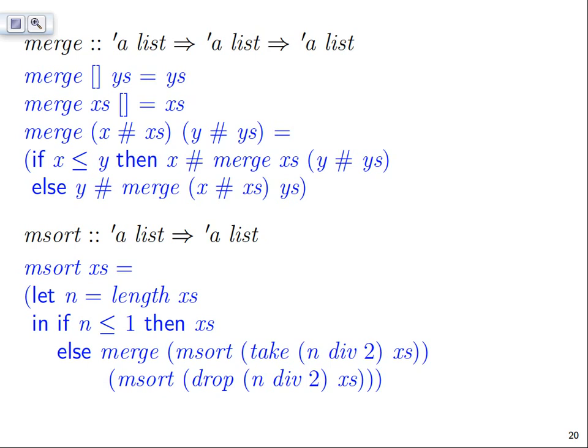Take is the standard function that, given a length and a list, takes the first n elements of that list. And similarly, in the other branch, you drop the first n div 2 elements from the input list, and then you recursively and independently merge sort them, and then you merge the result. So I do assume that you've seen something like this in a functional or imperative language before.